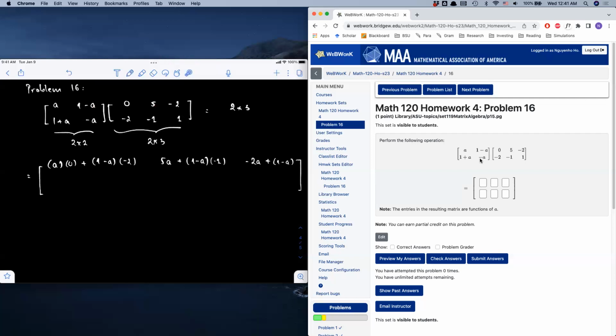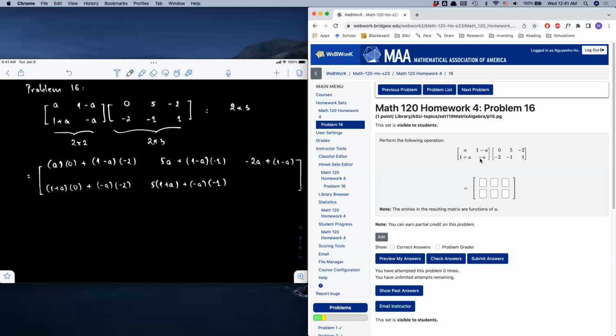Now we're done with the first row. You move on to the second row. Then you get 1 plus A times 0 plus negative A times negative 2. The next entry is that of the second row of A combined with the second column of B. You get 5 times 1 plus A plus negative A times negative 1.